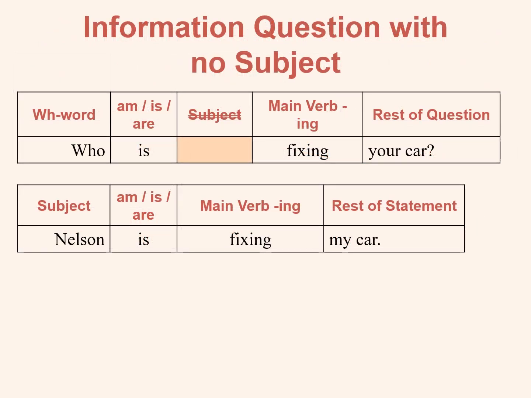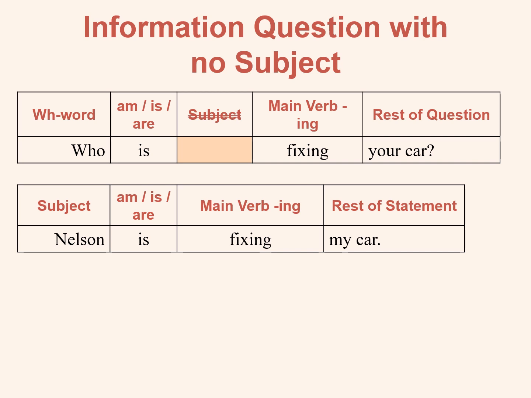The order of words in an information question that has no subject is the same as the order of the words in the statement. So if you look at the example here, who is fixing your car? There's no subject. Who, in fact, is asking for the subject. So there is no subject.